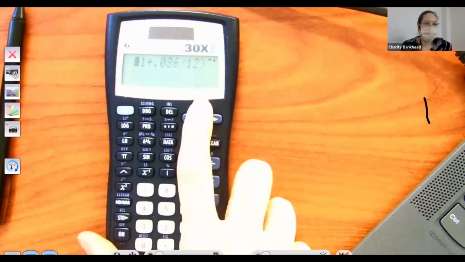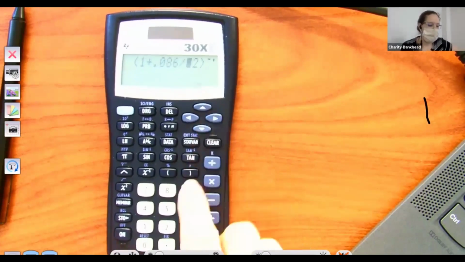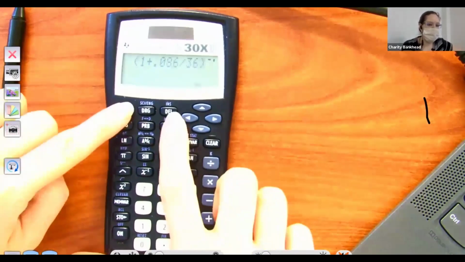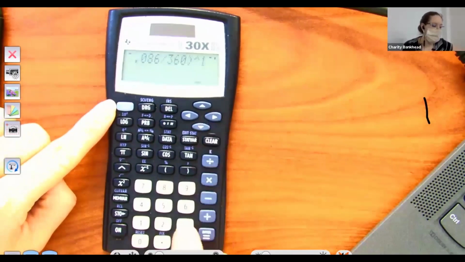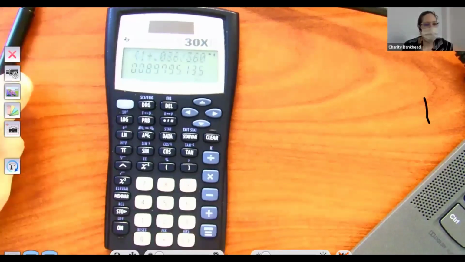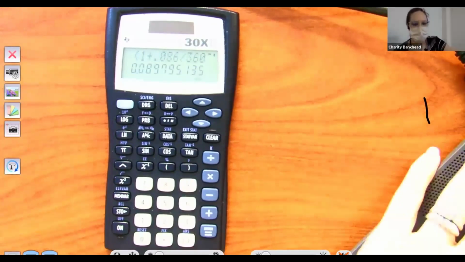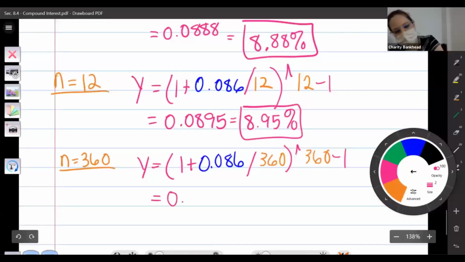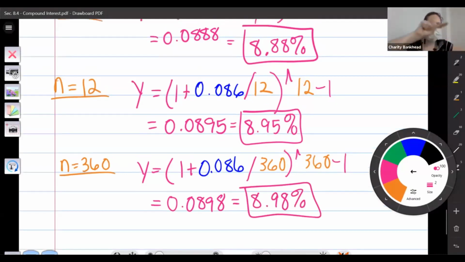And just make sure the minus 1 is not in the exponent. So that's 0.0898. And that'll be 8.98%.